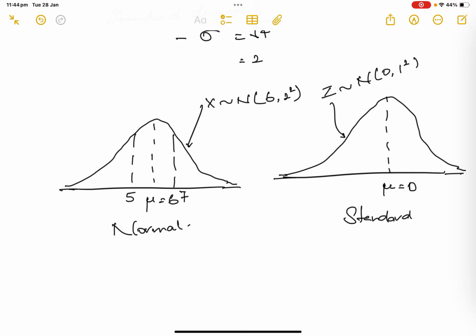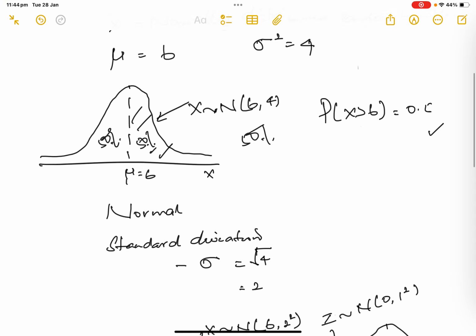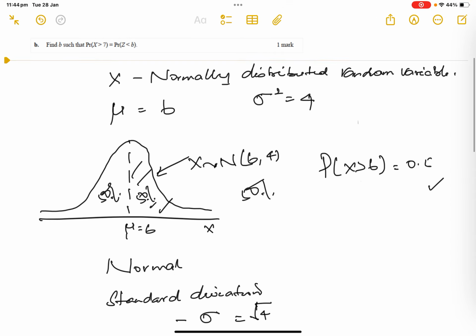The first one is X normally distributed with mean 6 and variance 2 squared. And on this side is the Z curve, Z normal with mu 0 and standard deviation 1.